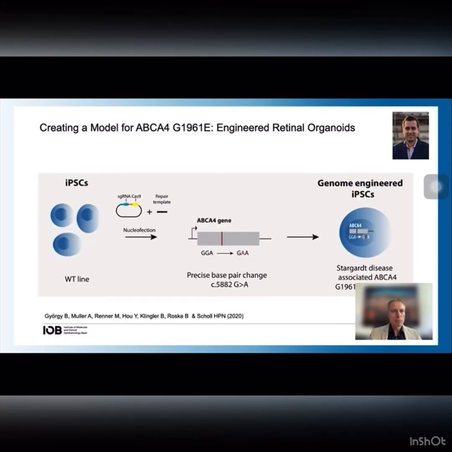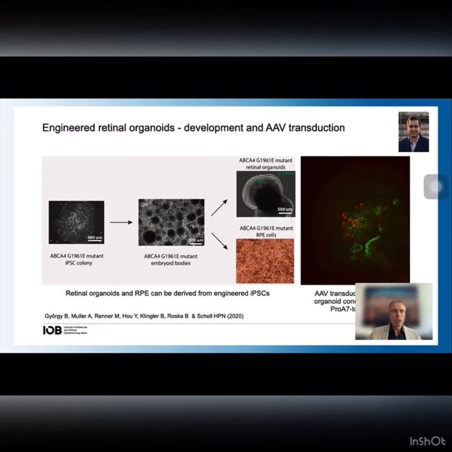We created a model, namely an ABCA4 G1961E engineered human retinal organoid that we can use for in vitro quasi-human experiments. And using our human engineered retinal organoids, we could show successful AAV transduction of retinal organoid cones using an AAV Pro-A7 TD tomato construct.